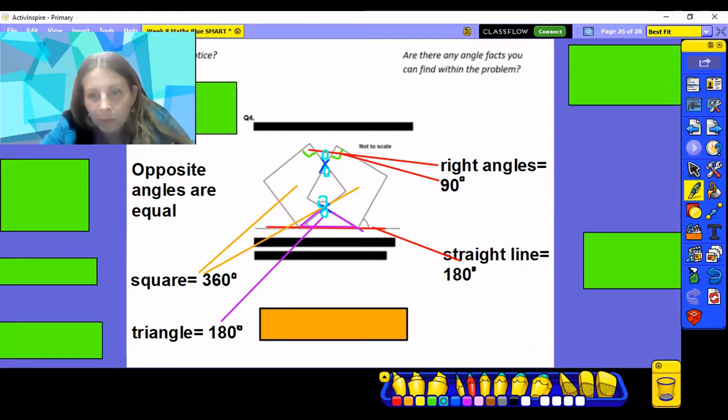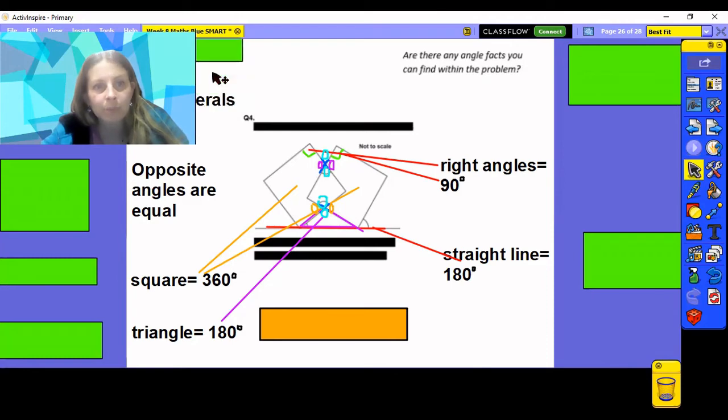So we've got opposite angles here that might be quite useful, and over here, I've spotted an opposite angle there and there. So lots of places where I can see that the opposite angles are equal because the lines are intersecting. So that might be quite useful information to draw upon.